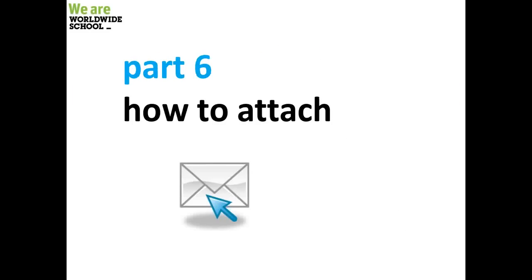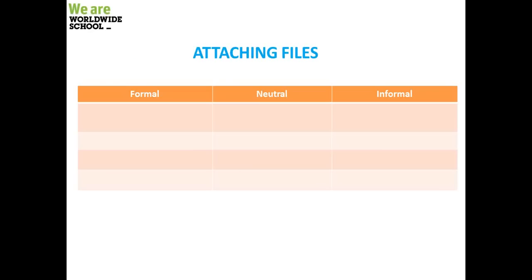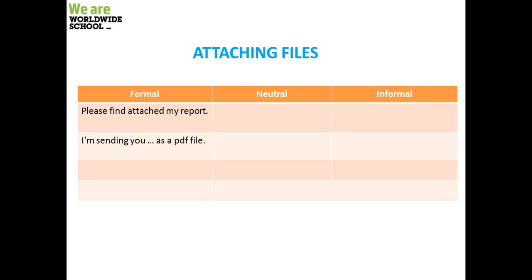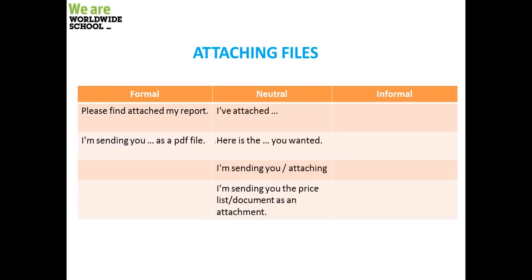That kind of thing. Now, attachments, right? Every second email has an attachment, so it would be good to know some of the phrases we could use to communicate that there is an attachment. In formal emails, this could be, "Please find attached my report," or "I'm sending you something as a PDF file."